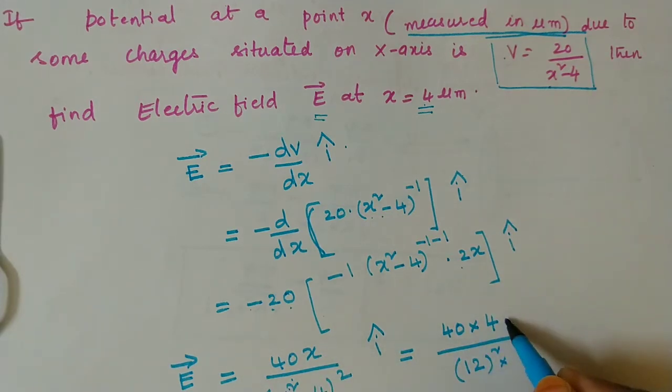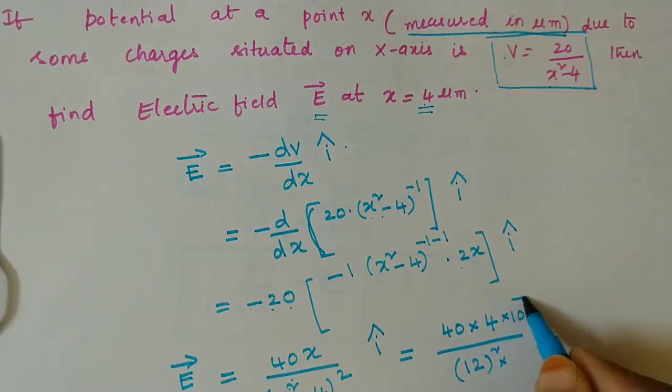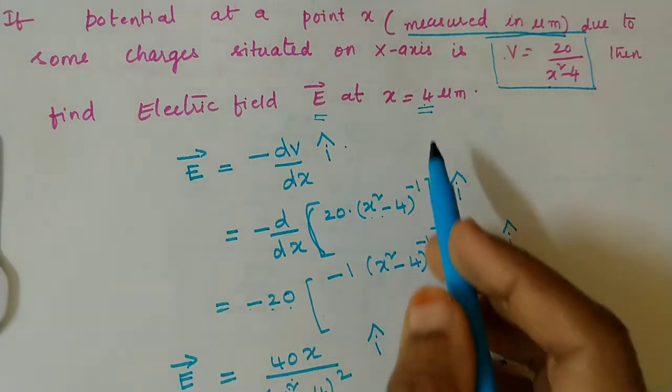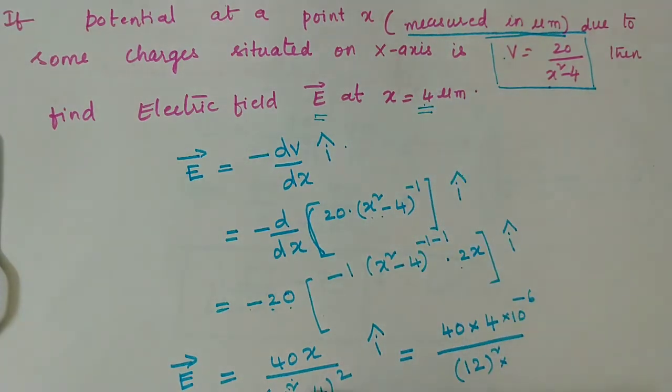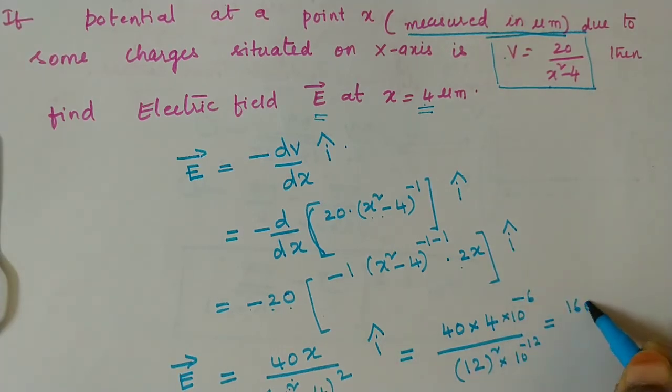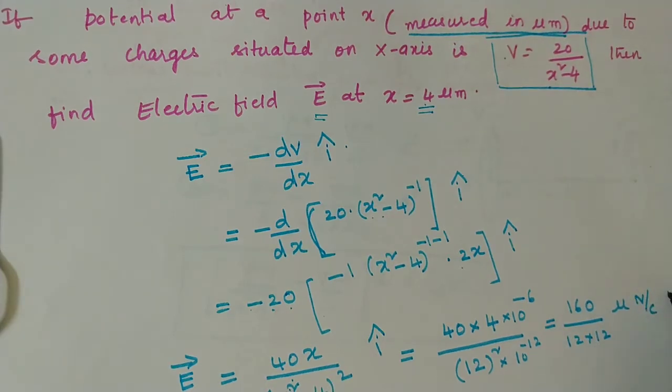Okay, so in the numerator we have micro, 10 power minus 6. Denominator is also in micro, micro square, 10 power minus 12. Simplify the relation, 160 by 12 into 12 micro newton per coulomb. Direction is i cap.